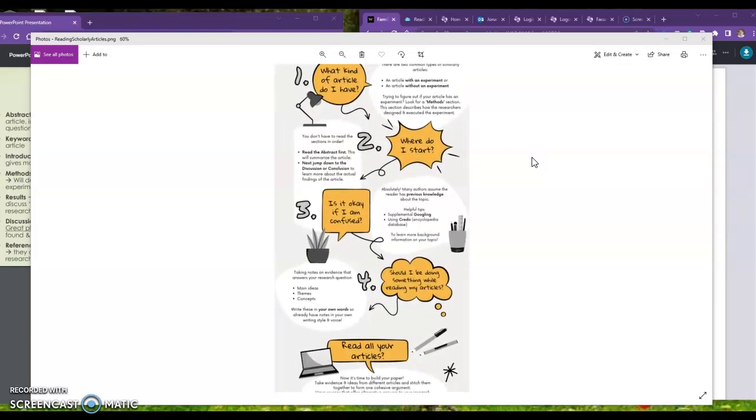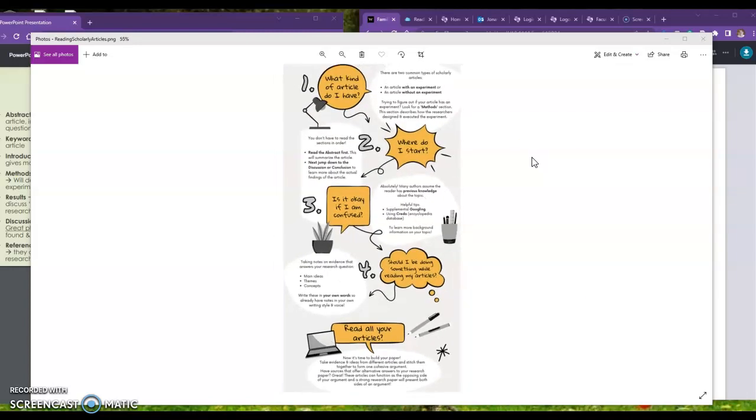The first thing is, what kind of article do you have? This is why you want to look at whether it has an experiment or is without an experiment, because if it has an experiment, you look at it a little differently. To figure out if an article has an experiment, what you look for is the method section.